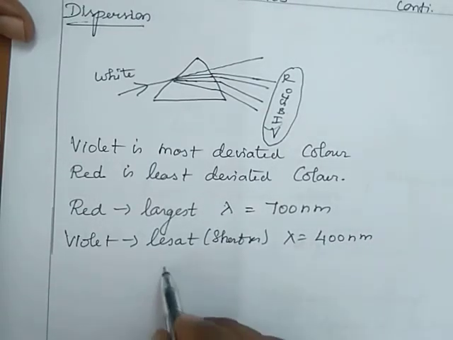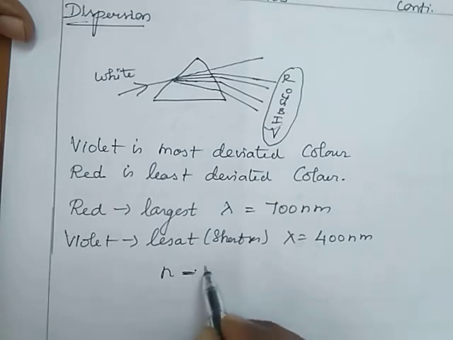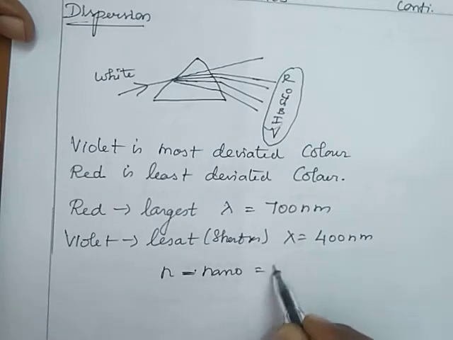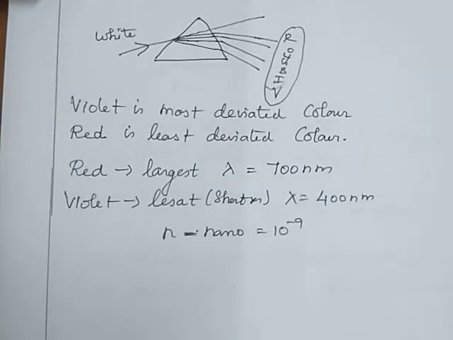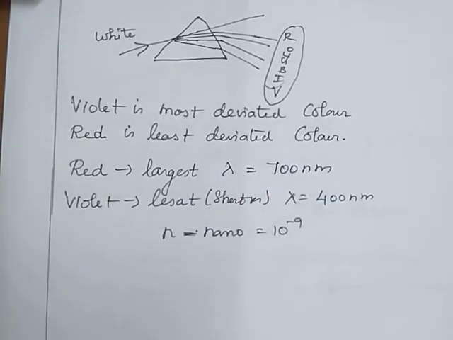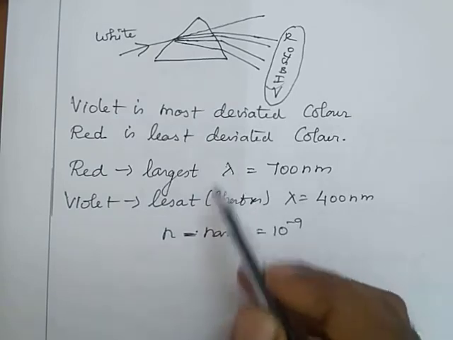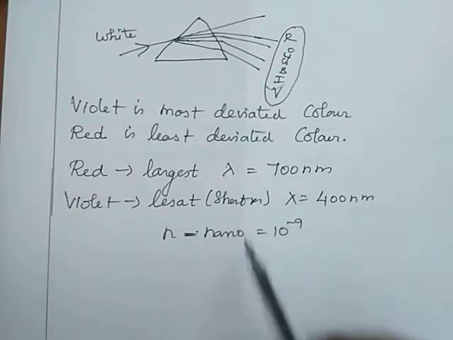Here nano means 10 power minus 9. Then all these colors have different wavelengths.